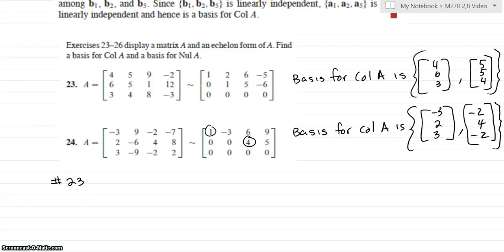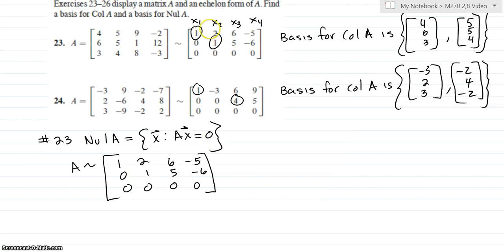The null, so again, this was a pivot, this was a pivot, so it's going to be something to do with x3 and x4. If you recall from the last video, the null of A is the set of x where Ax equals 0. And so we have to draw a line here and get a 0 there, and we can actually solve. But since there are free variables, I'd rather there be a 0 here, so it's not in reduced echelon form yet.